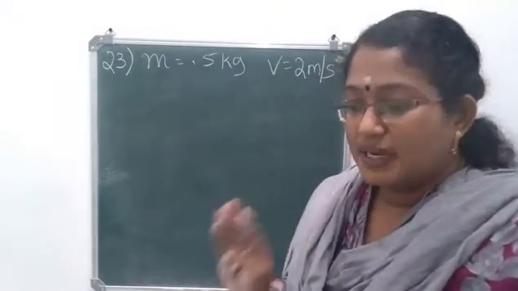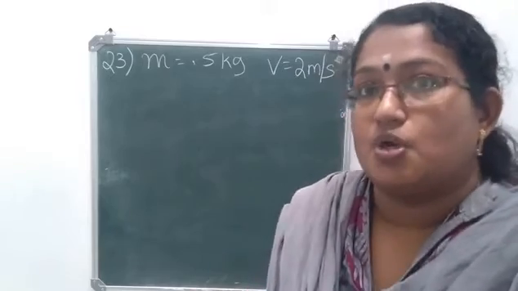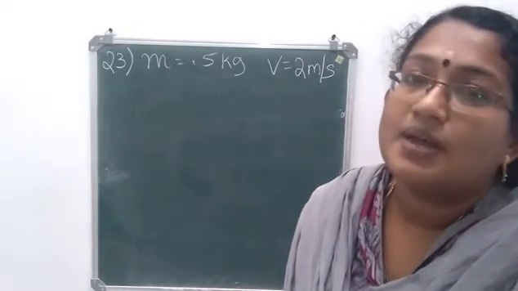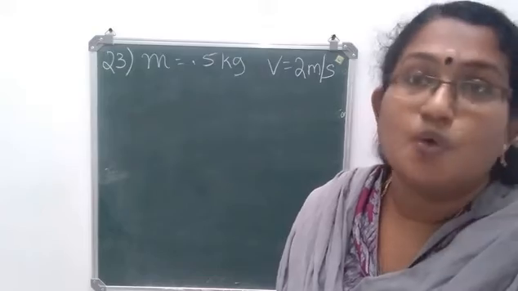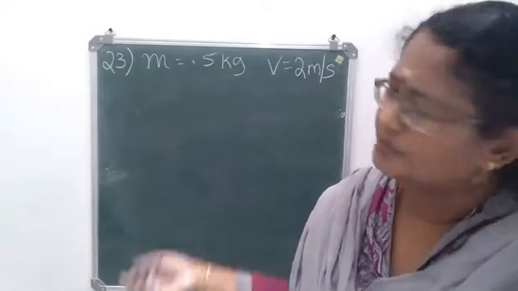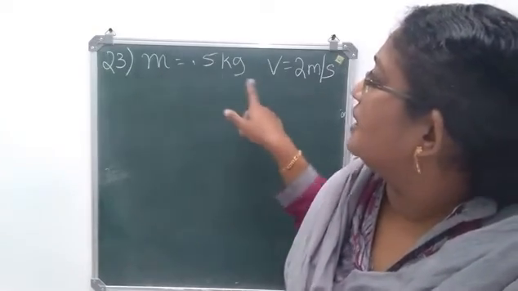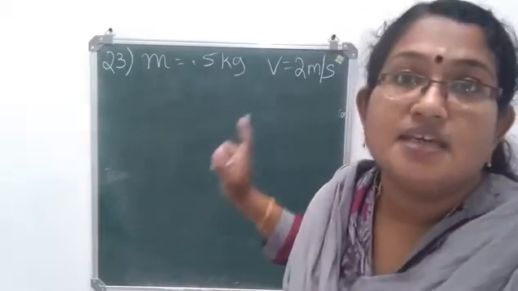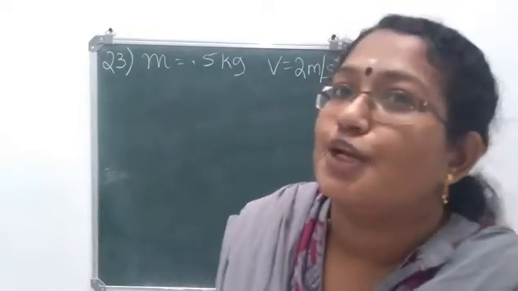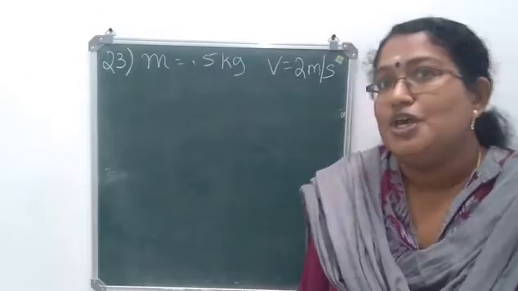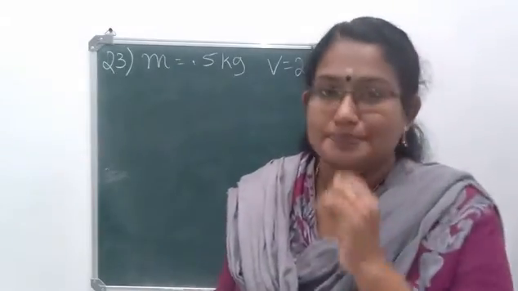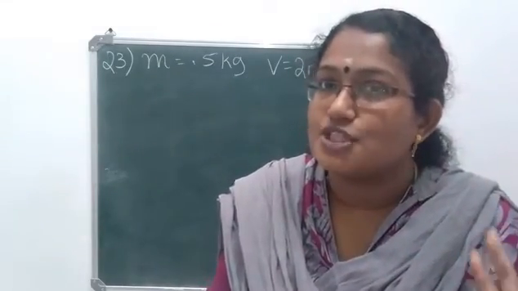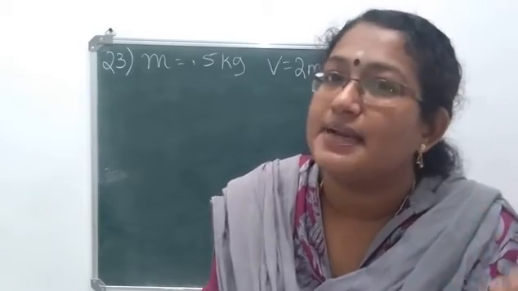So, a spring is compressed using a trolley. When it is released, what happens? The trolley will move, isn't it? So, here we have the mass and velocity given and we are asked to calculate the potential energy. So, what can you say from this? The potential energy possessed by the compressed spring.